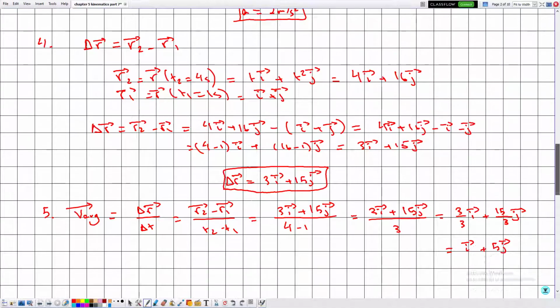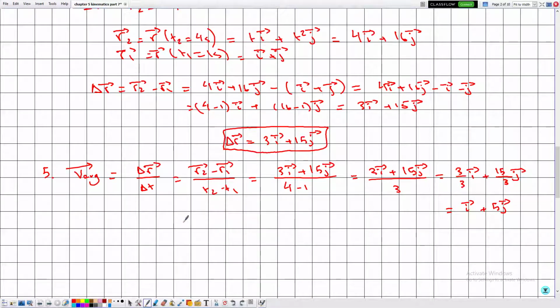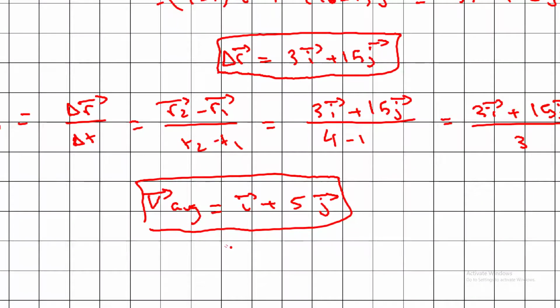Then the average velocity in this case is given by i plus 5j. Knowing the average velocity, for example, in this case, one can calculate the average speed, which is given by v average, which is the square root of 1 plus 5 squared, okay?